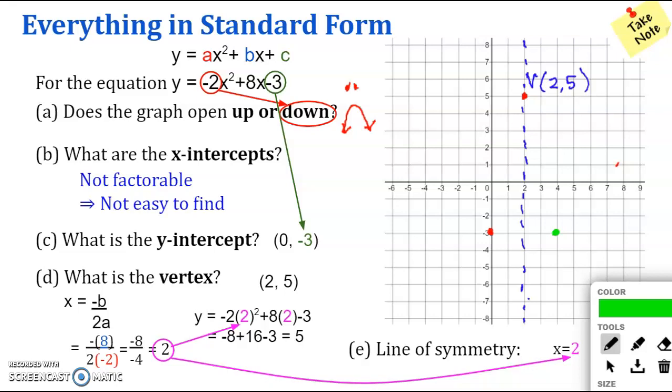So yes, we do have 3 points. And now we can connect this and create a parabola. That's a rather pointy parabola, but it should be more curved. Okay, so that's how you would plot it. Even though you only have 2 points, you know that if it's a vertex, then you can figure out the other point and you can graph it.